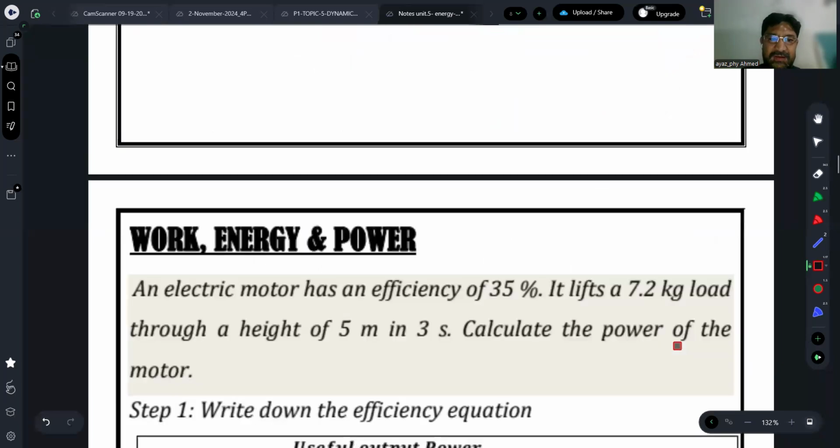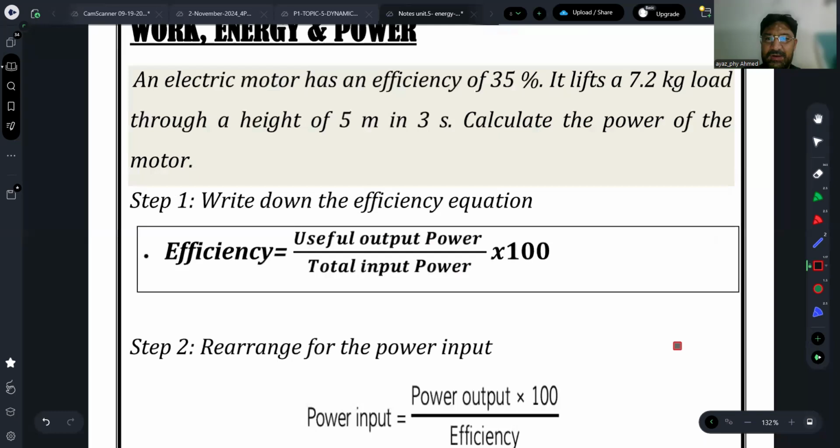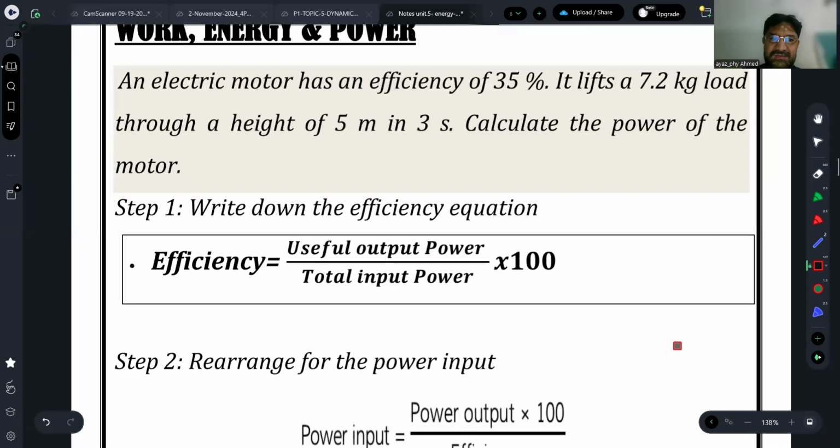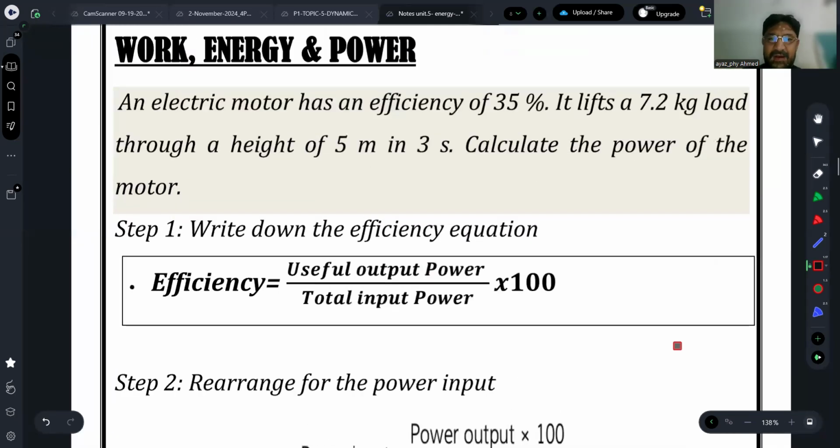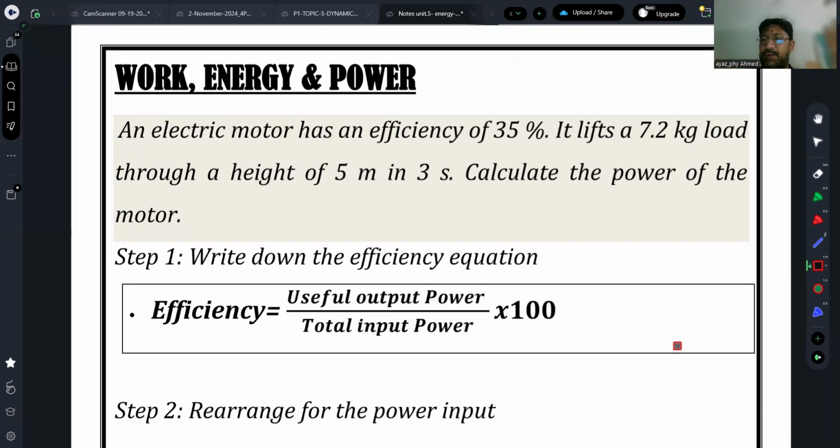Then we will talk about one important factor here. I have just figured out an example. If an electric motor has an efficiency of 35%, it lifts 7.2 kg of load through a height of 5 meters in 3 seconds, right? Calculate the power of the motor.